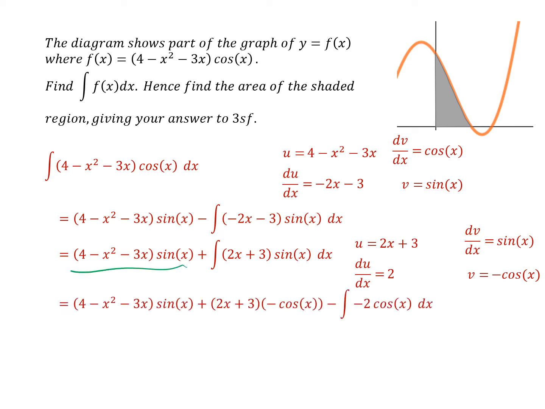There's the first part there, and then this is u, v, minus the integral of v times du dx. So minus a minus is a plus, and the integral of 2 cos x is 2 sine x. I'm also tidying this up a little bit.